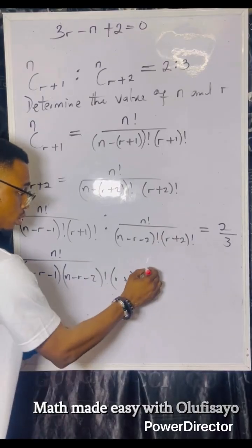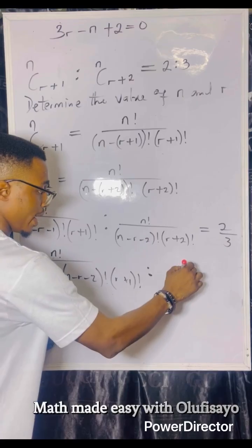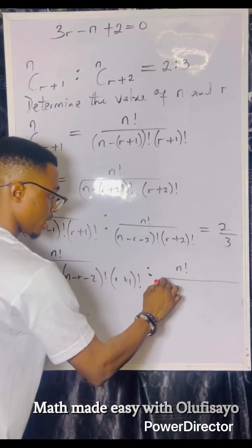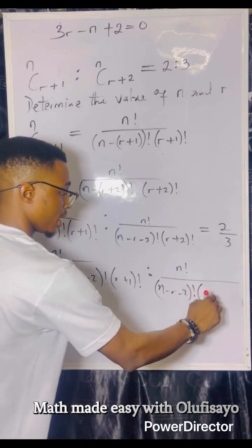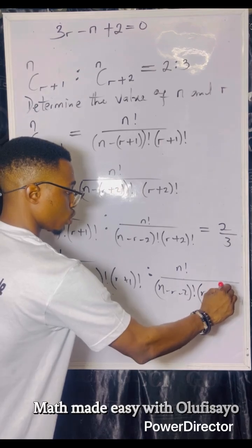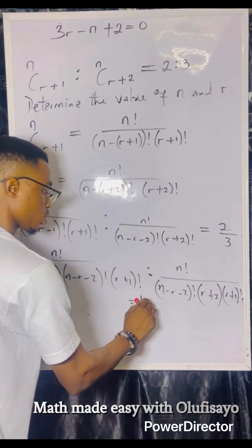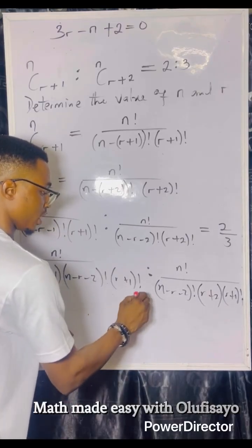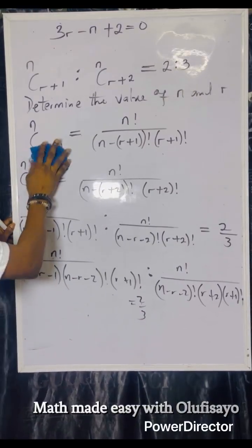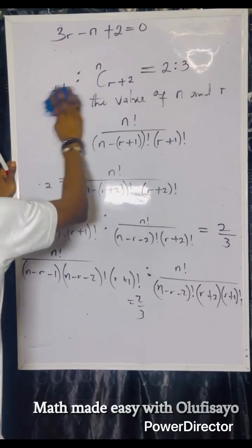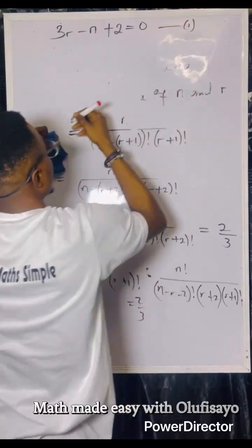The ratio is n factorial over (n minus r minus 2) factorial, (r plus 2), then (r plus 1) factorial, equals 2 over what? 2 over 3. So let's also rub this off. Don't forget that this is equation 1.